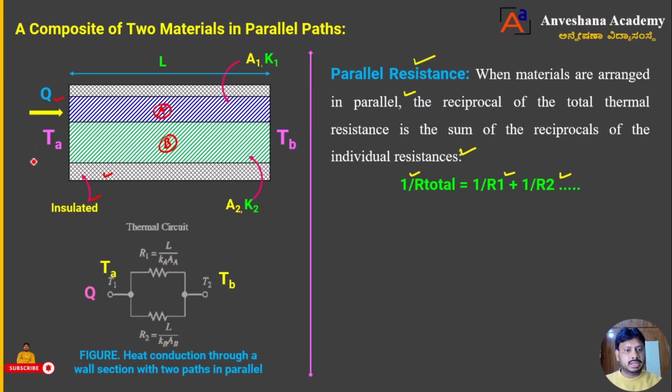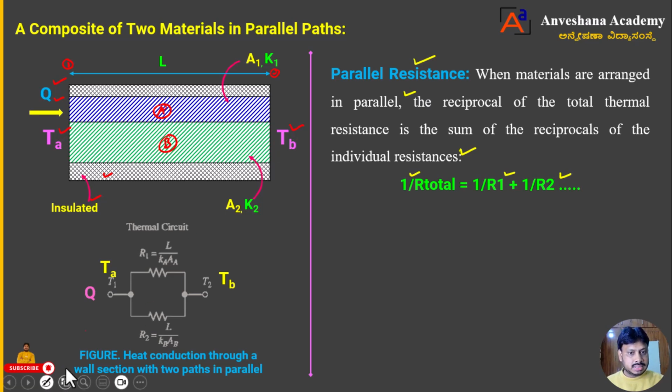The heat is transferring in only one dimension, dear students. That heat transfer is represented by Q. Then heat is going to transfer from this end, which I will mark as the high temperature region. This end I will mark as the low temperature region. So the temperature at the high temperature region I will mark as TA, and the temperature at the low temperature or cold region I will mark as TB. Hence heat is transferring from TA to TB.